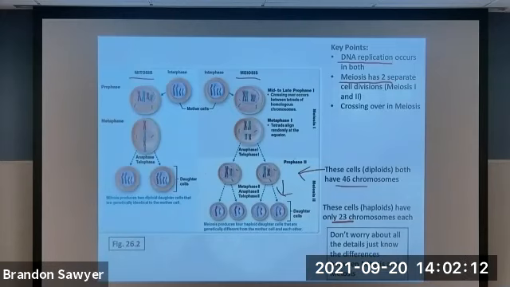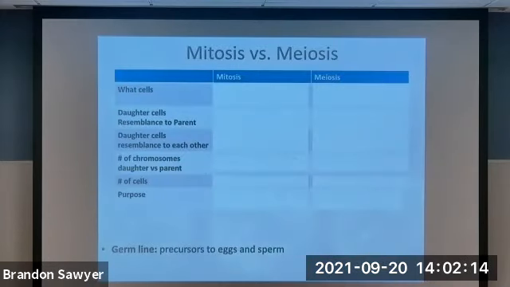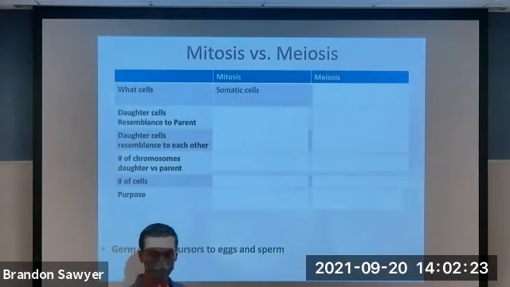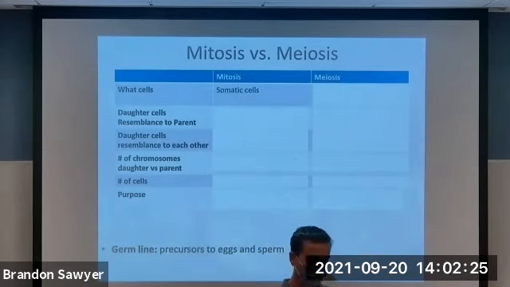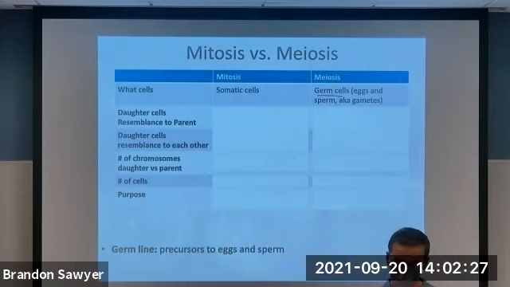Then we'll go through a little bit of a compare and contrast here. Mitosis, the cells that go through this are what we know as our somatic cells. That just means body cells, right? Most of the cells of the body. Whereas meiosis, it's our germ cells, also known as gametes, sex cells. Sperm and eggs.